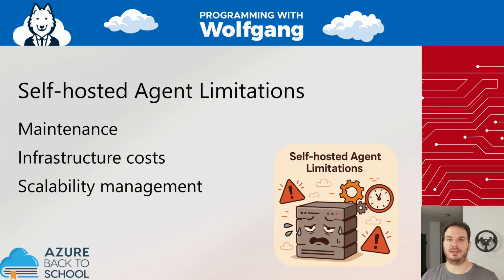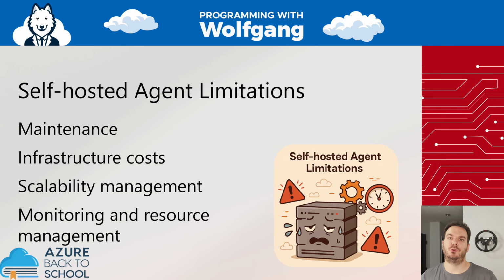This means if I just use too many resources, my developers will be slowed down. And if I just use too much hardware, then I pay for resources I don't use. Lastly, I'm also responsible for the monitoring. This means if something fails, for example, an SSD fails in my agent VM, I'm responsible to monitor this and to fix it.